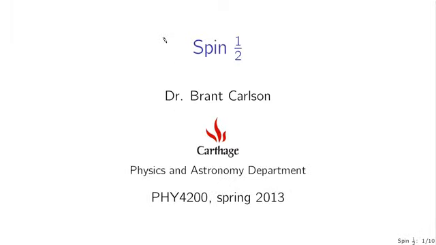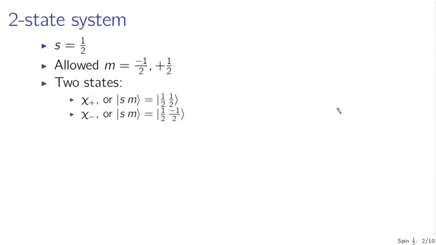So essentially what we're working with is S, which is our spin angular momentum counterpart for the L quantum number in orbital angular momentum, of 1/2, which means we have an M counterpart in the spin angular momentum of either minus 1/2 or plus 1/2. So that's the structure of our system. We're working with two states. So S is a half, and our allowed values of M are minus a half and plus a half.